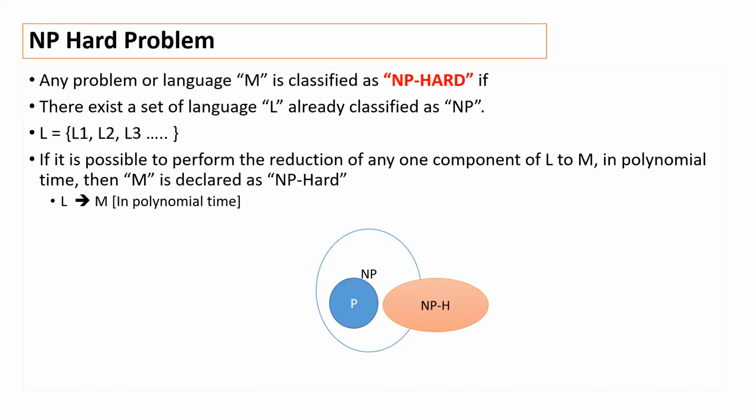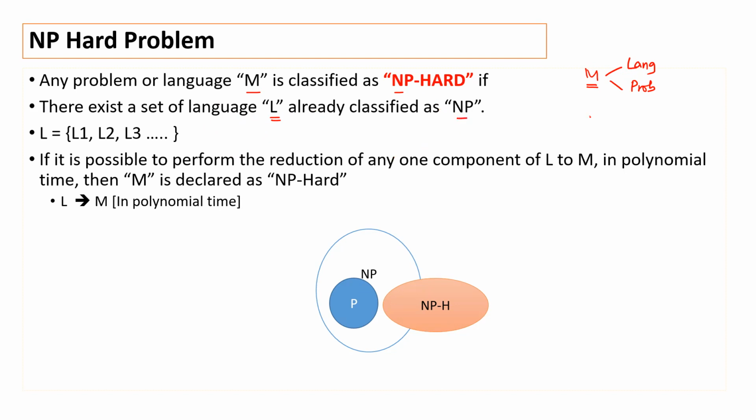If any given problem or language M is to be classified as NP-hard, then it is first necessary to find a language or problem L which is classified as NP.